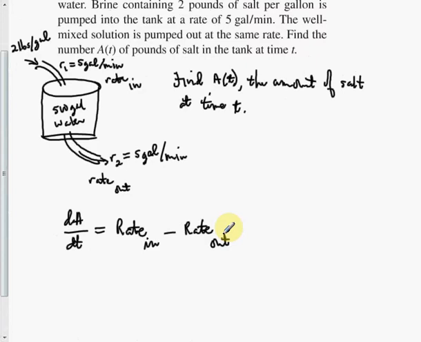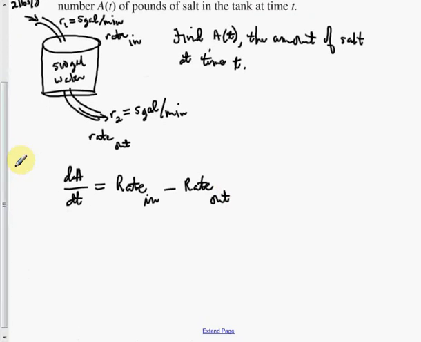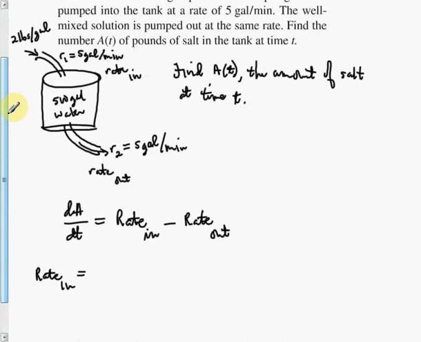So to maintain some kind of steady flow of equilibrium, what goes in, what comes out, take that difference, and we can find the amount of salt that remains within the tank. Now let's look at the rate in. That'll be easier to capture first.